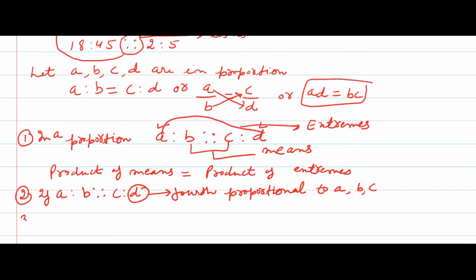Third thing you have to keep in mind: if A ratio B equal to B ratio C, here I have put equal, keep it in mind. So there arise three conditions here. First, if A ratio B equal to B ratio C, then we can say that A, B, C are in continued proportion.